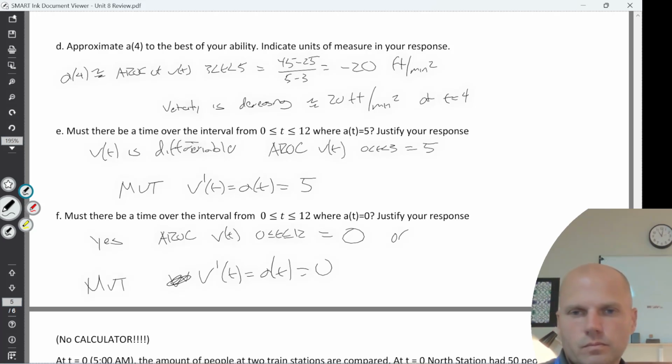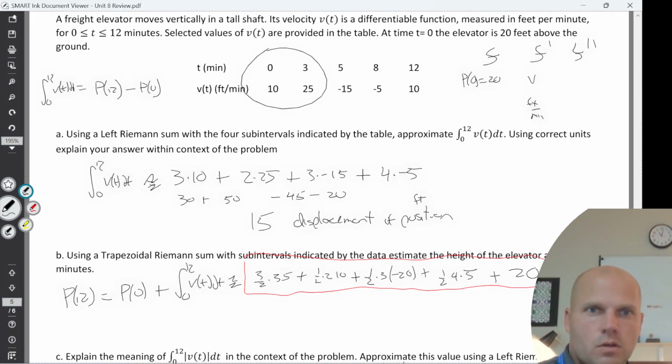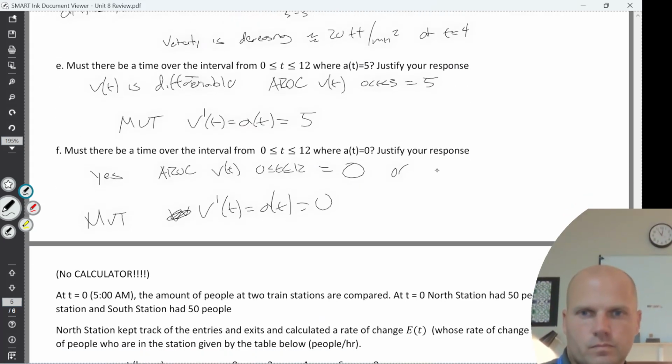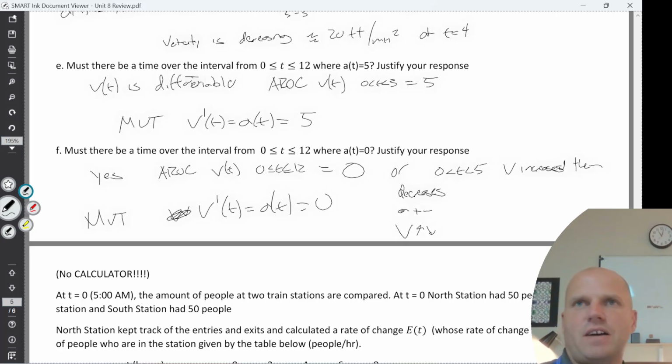Or from 0 to 5, velocity must increase then decrease. If velocity increases then decreases, acceleration must go from positive to negative. So you could say, therefore, v prime must equal 0. Similar to that. I like the mean value theorem and going with that.